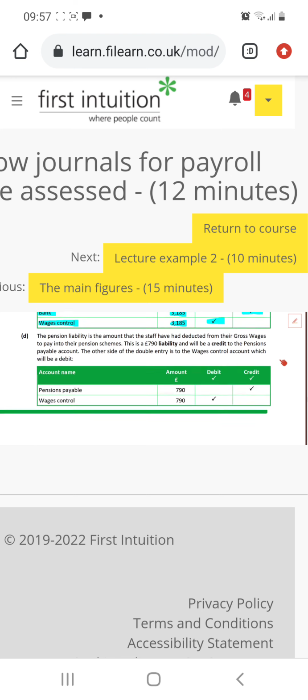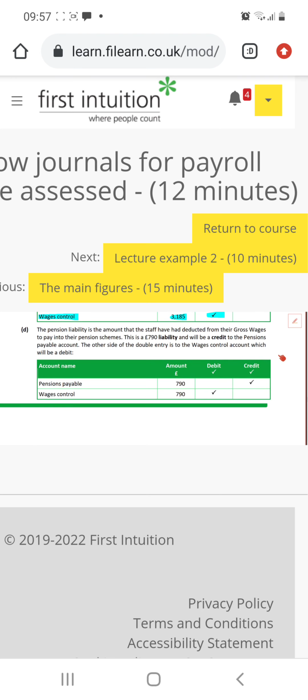And so the final bit it asked us to work out, part D, was to record the pension liability. Ultimately, in terms of pension and pension liability, just remember it's employee and employer.